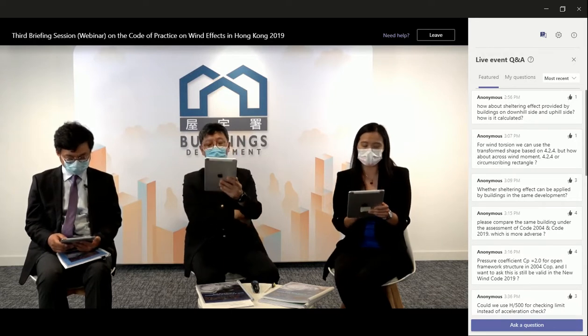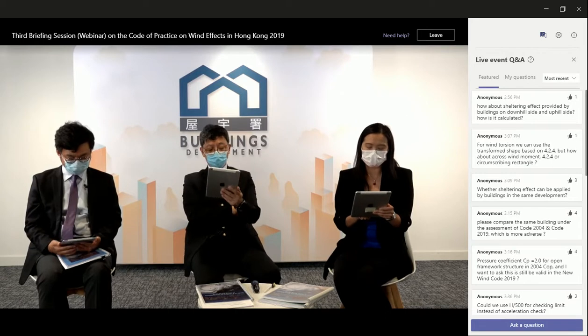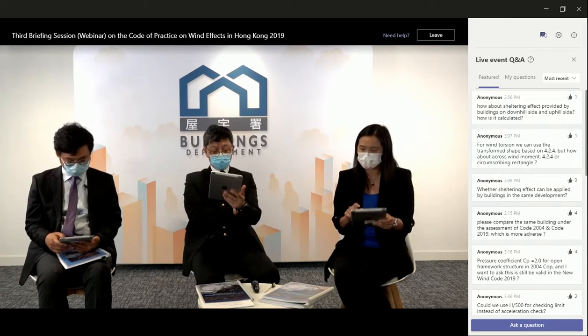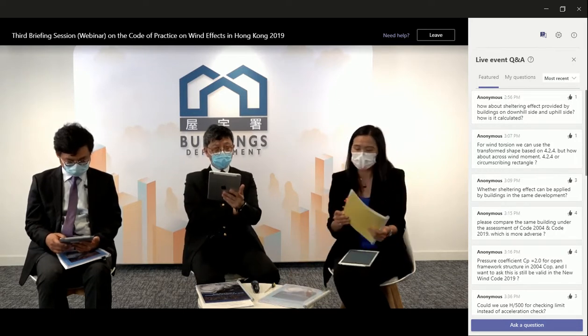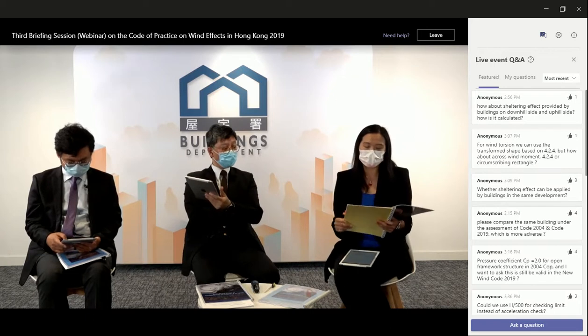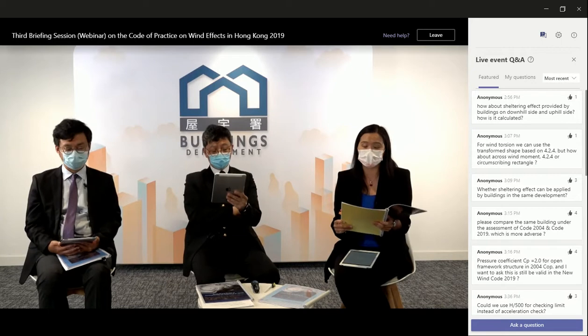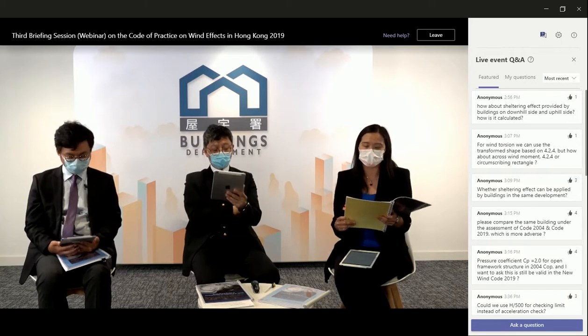Okay, it's fine. And then the next one is: is the pressure coefficient Cp of 2.0 for open frame structure in 2004 still valid for the new code? Yeah, it is. Actually, you may refer to clause 4.3.3 of the new code.